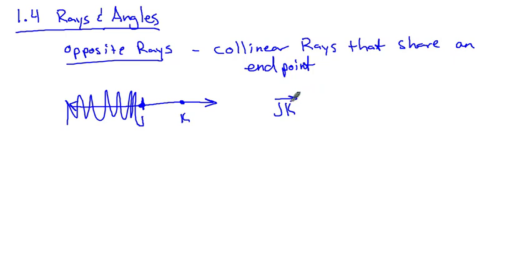So this is ray JK. Now, if we went from J the other direction, we might have a point out here called H. So from J through H is another ray. So JK and JH are opposite rays.